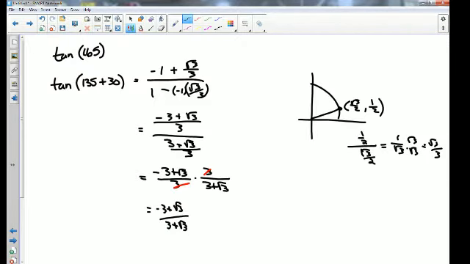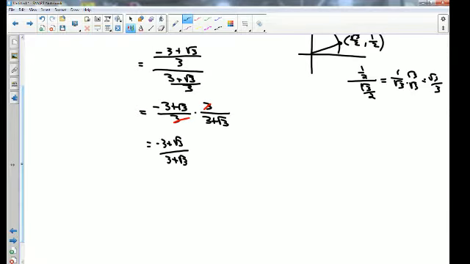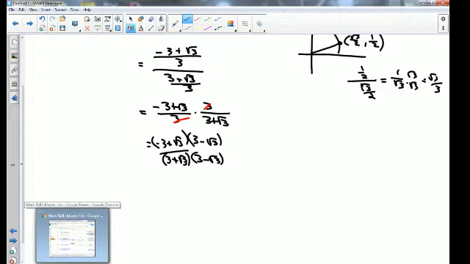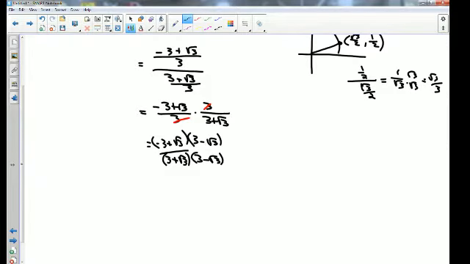What do we have to do now? Multiply by the conjugate. The top, are those the same? No, they're not. So we're going to multiply it out this time. The bottom becomes, the denominator is 9 minus 3. 3 times 3 is 9, minus that.